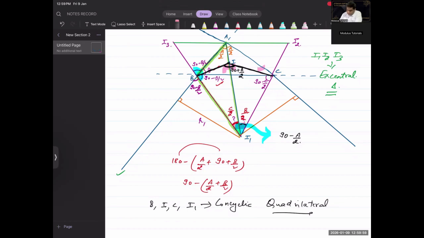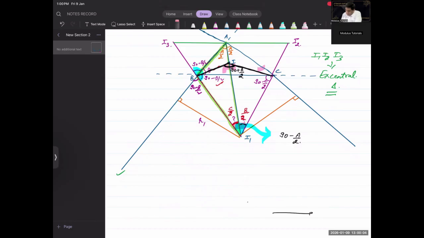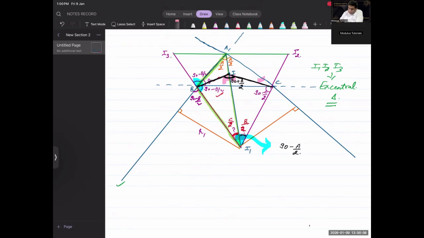All right, guys. So let's see then. See, we have already understood that angle wise, I'm just completing these angles which are left out. So this is B. This is 90 minus A by 2. Right. This is also 90 minus A by 2. So see, it is very evident from here that this angle total is 90. So that means A I1 or I1A.